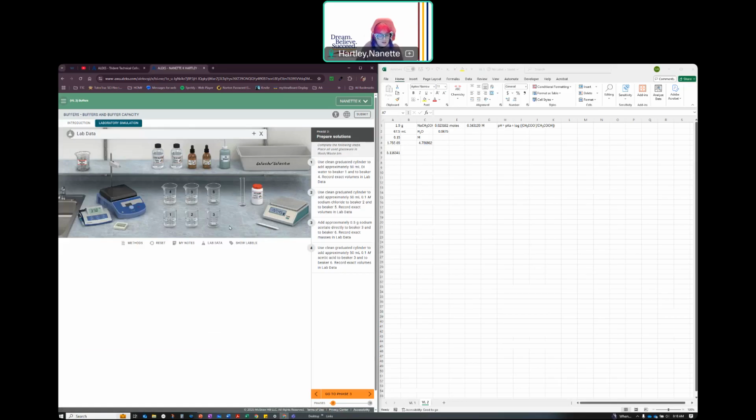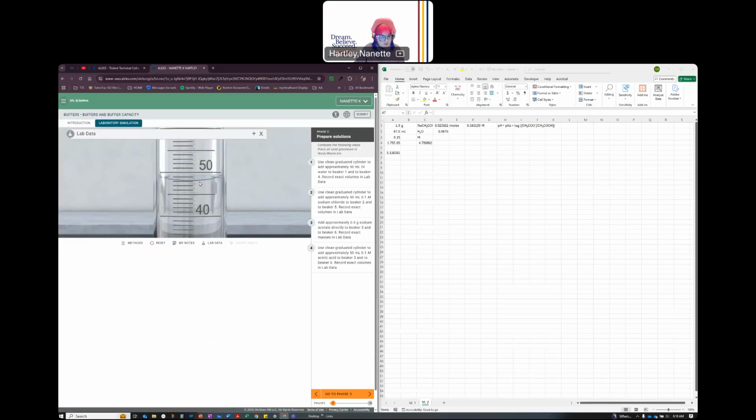Sodium acetate directly to those. With a cylinder, add approximately 50 milliliters of 0.1 acetic acid. I've got 48 here.